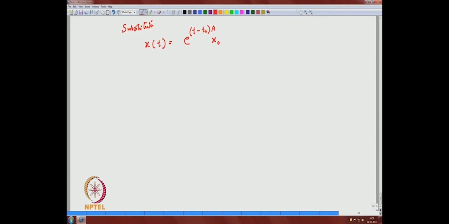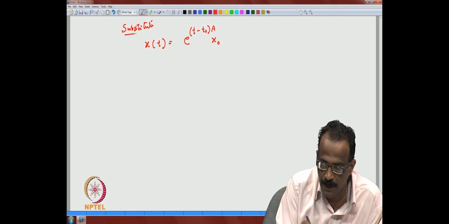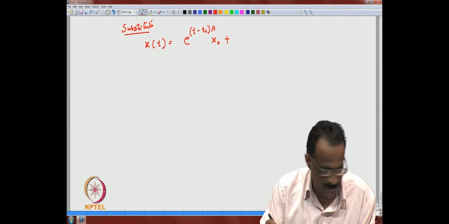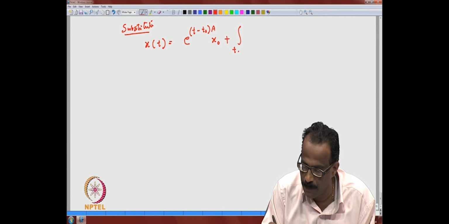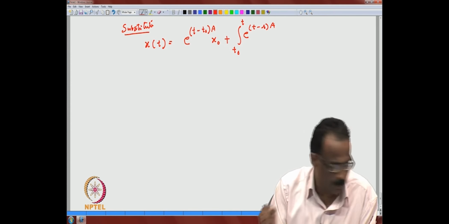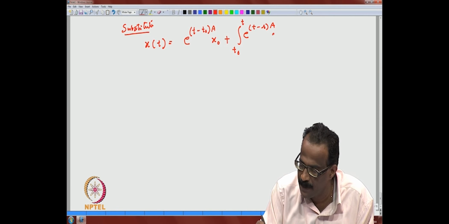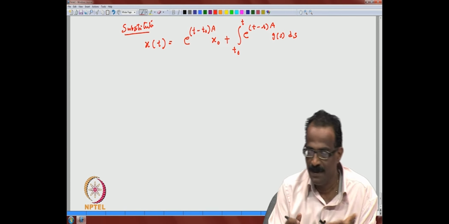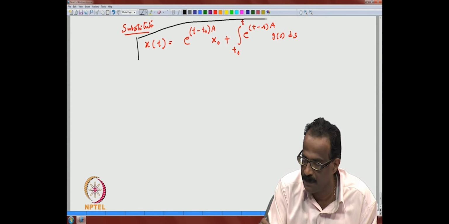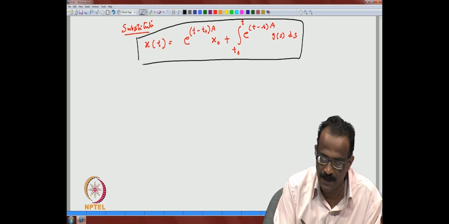Of course, when you choose t equal to t naught, it will be just x naught. Do the computation, a small computation with absolutely no difficulty, and you get plus the integral from t naught to t of e power (t minus s) A g of s ds. So this is your formula for the solution using variation of parameters.